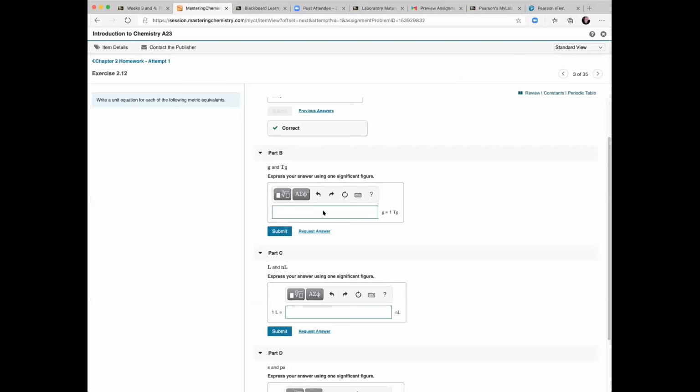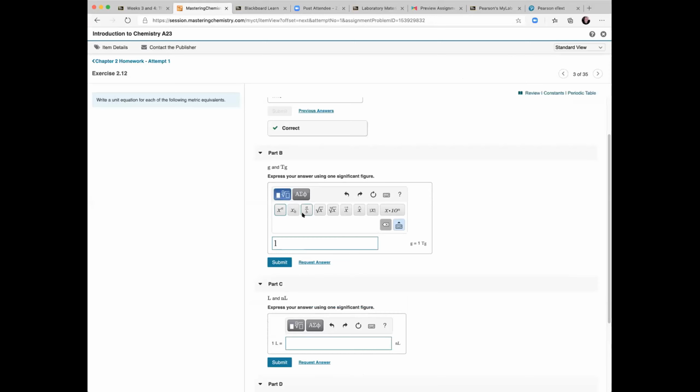This number has to be huge because the tera is much bigger than the base unit. And according to that, it was 1 times 10 to the 12th. Oops. I just switched to this symbol notation, but I chose the wrong place to put it. This is 1 times 10 to the 12 grams equal 1 teragram, and we're gonna submit that.